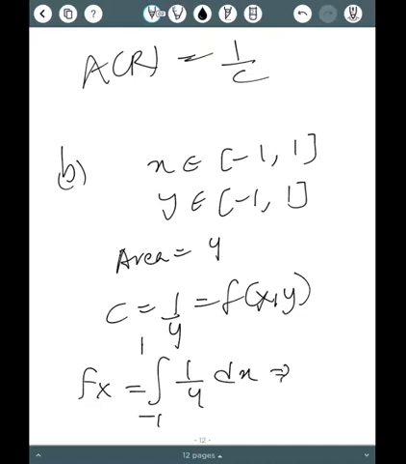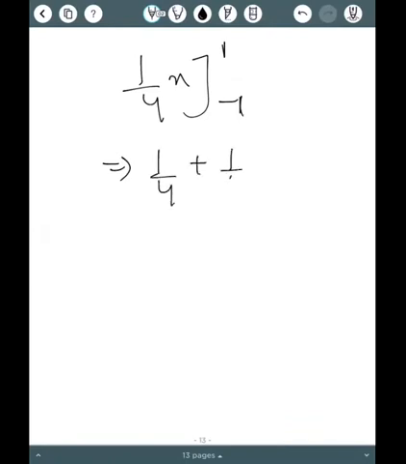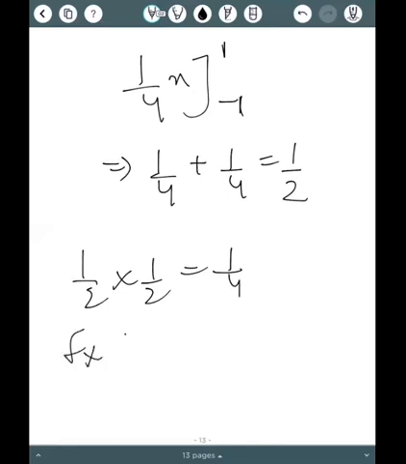If we do that, we get 1 over 4 times the interval from -1 to 1, so 1 over 4 plus 1 over 4, that is 1 over 2. Likewise, if you do it for y, you also get 1 over 2. Then 1 over 2 times 1 over 2 is 1 over 4. Thus f_X times f_Y equals f_XY in this case, when they are uniformly distributed variables and they are independent.